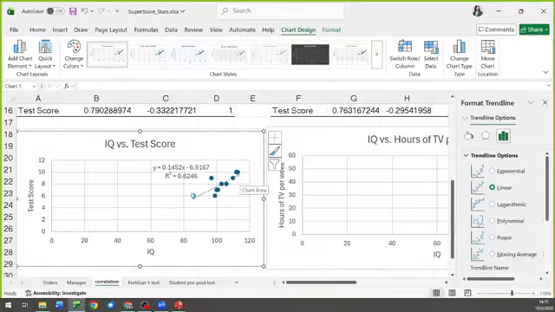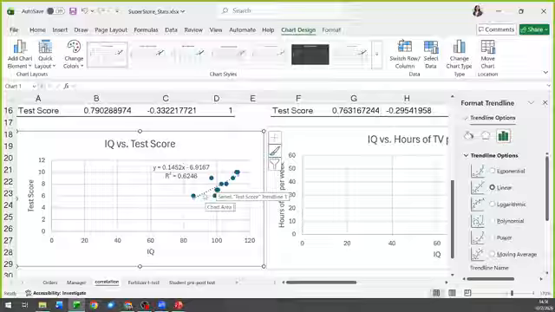This is the trend line, and this trend line's quality measure is 0.62. It's very good. That means this line can explain about 62% of the variance of the data points.